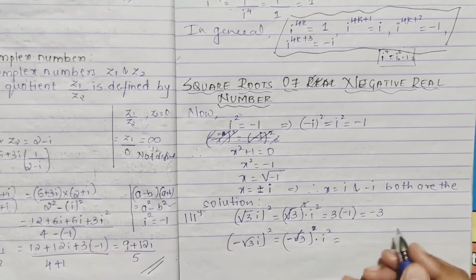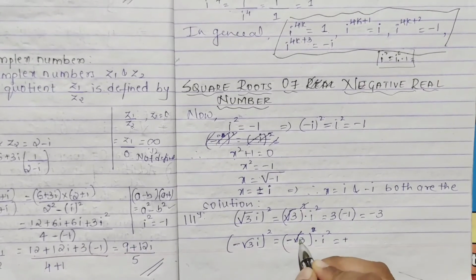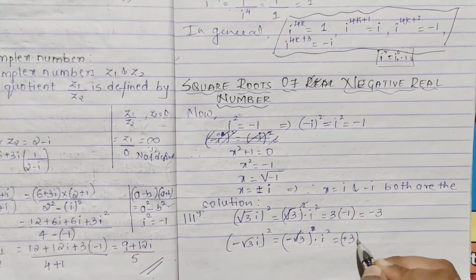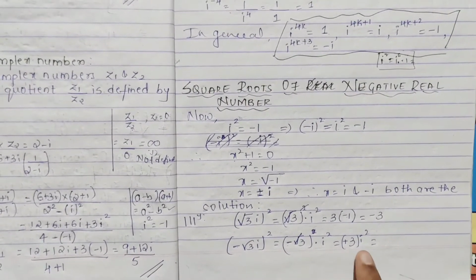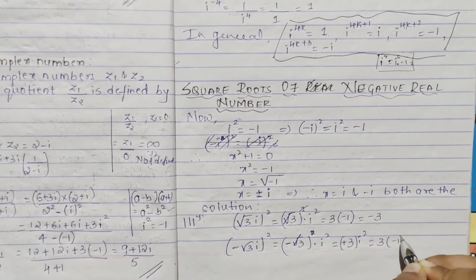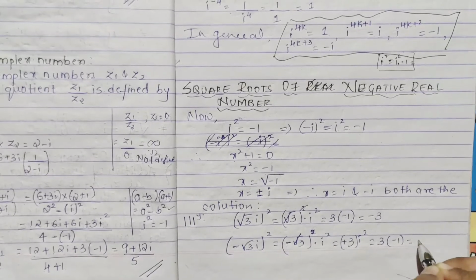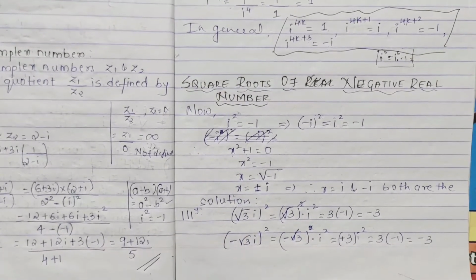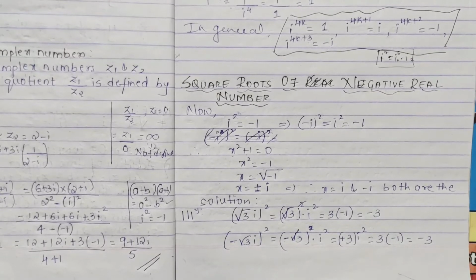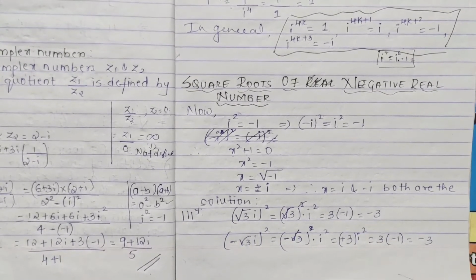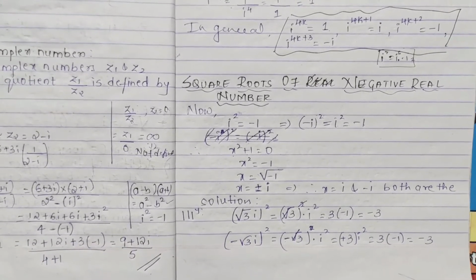So minus square becomes plus, and the root and square cancel, leaving 3. So you are getting 3 and again i square. i square is minus 1, so 3 into minus 1 is again minus 3. So the square of the square root of a negative real number also gives the same result as for the positive.